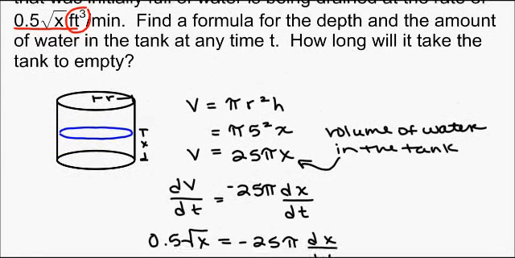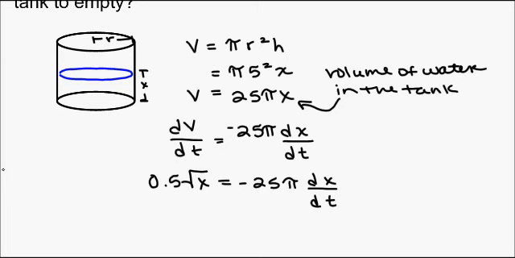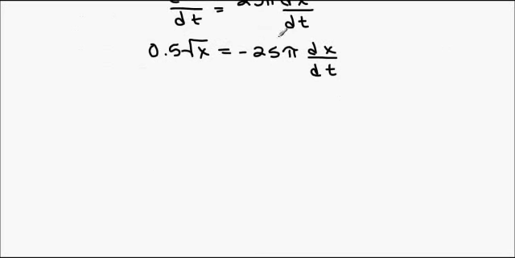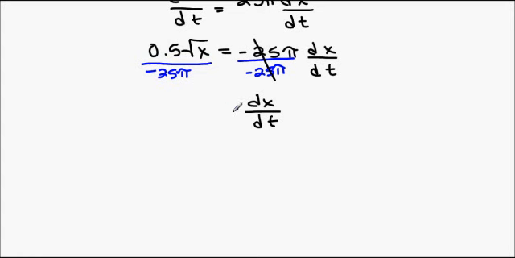Okay, and what do I want to find again? I want to know how long it's going to take to empty the tank. And I'm going to go ahead and get my dx dt by itself, since that will be helpful to me. So I'm going to divide both sides by negative 25 pi. And these cancel. So my dx dt left over here and, well, 0.5 divided by 25 is 1 over 50.